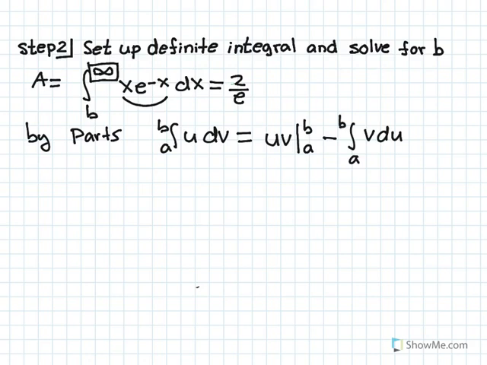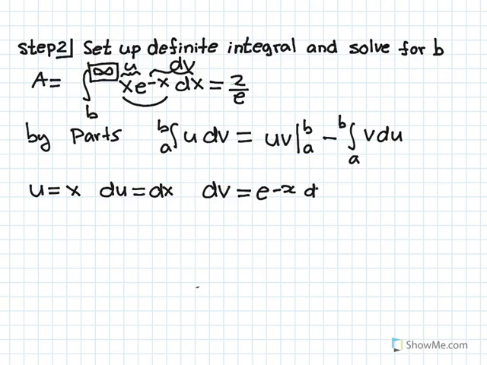So we're going to let u be the polynomial, let u equals x. Differentiate both sides, and we get du is equal to dx. So this part is u, and the remainder is going to be dv, whatever is left over. dv is equal to e to the minus x dx. Integrate both sides, and we get v.